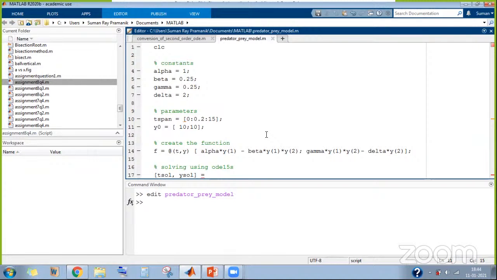That means the first row indicates y1, the prey, and the second row the predator. And you can wish to change it as well. Because I'm taking it this way, I have given it y1. If you want to take the value of predator first, you can do it that way as well.